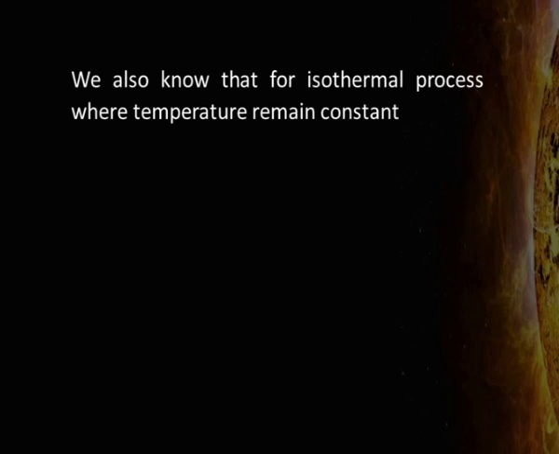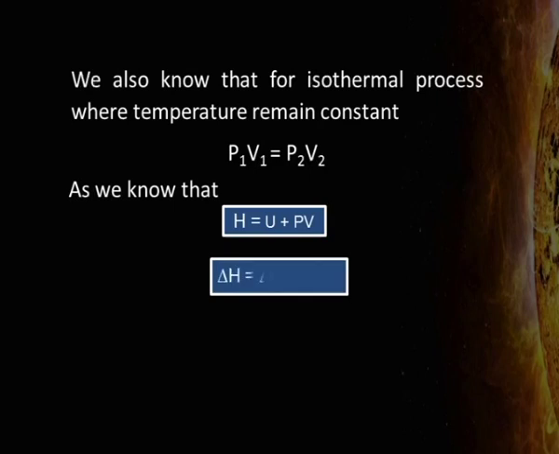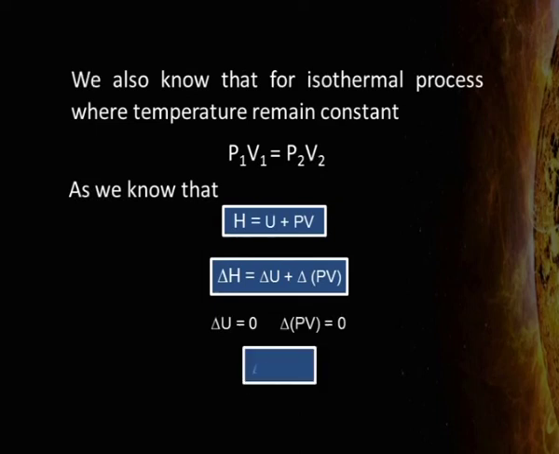We also know that for isothermal process where temperature remains constant, P1 V1 is equal to P2 V2. As we know that H is equal to U plus PV or delta H equal to delta U plus delta PV, as delta U, that is change in internal energy, is 0 and delta PV is also equal to 0, hence delta H will be equal to 0.